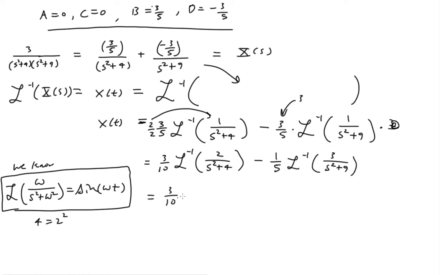That's going to be 3/10 times sine 2t. Okay, cool. And then finally, that's going to be minus 1/5 times sine 3t. Very cool. That will be our answer right there. So that is my x of t. I found a solution.